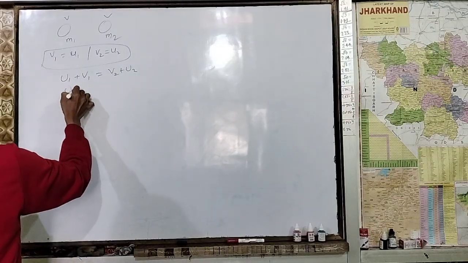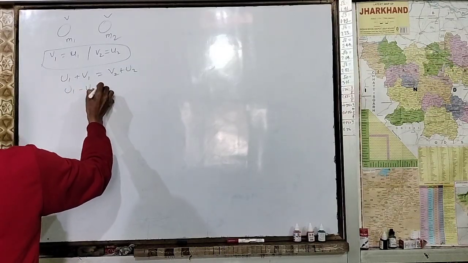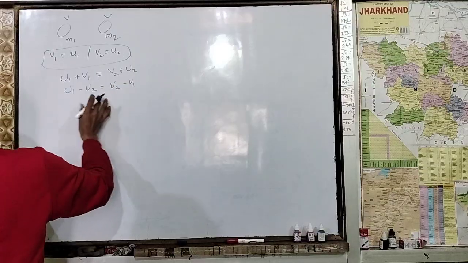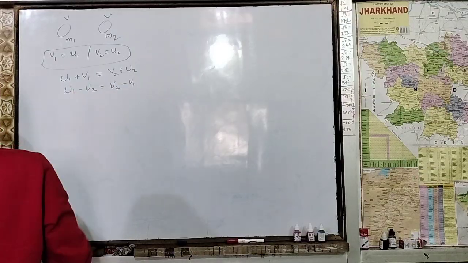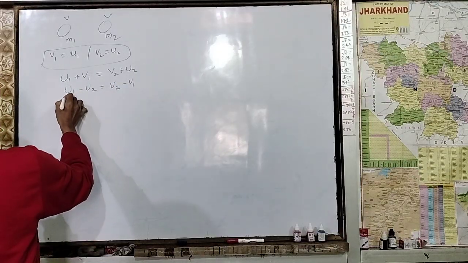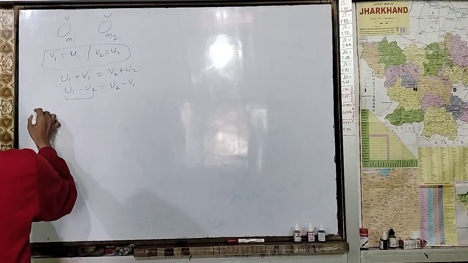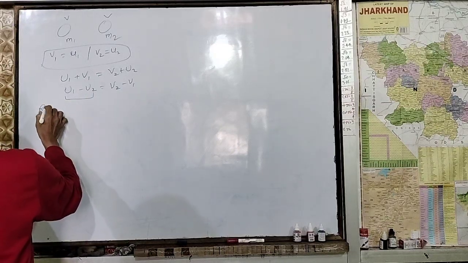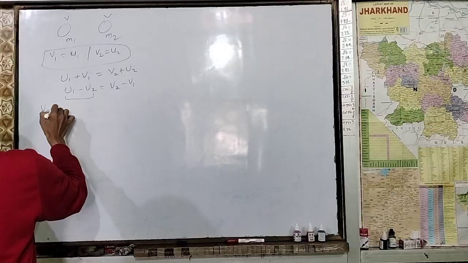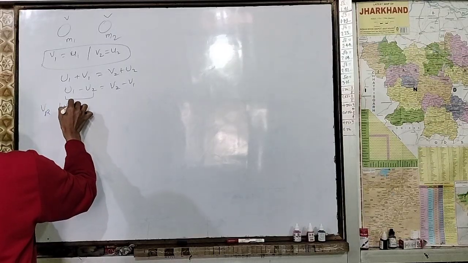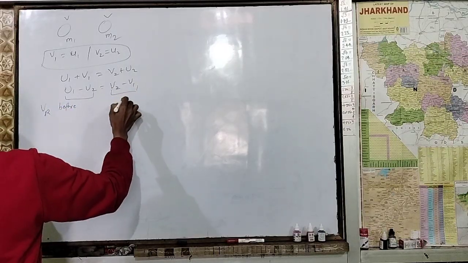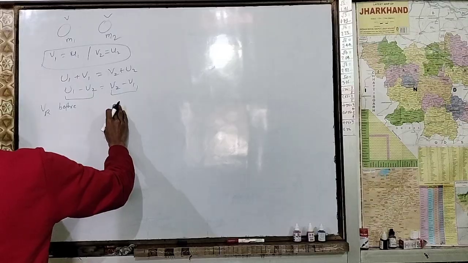From here we are getting u1 minus u2, which is equal to v2 minus v1. Remember, this is our relative velocity before collision, and this is the relative velocity after collision.